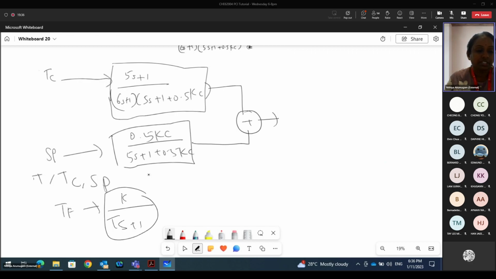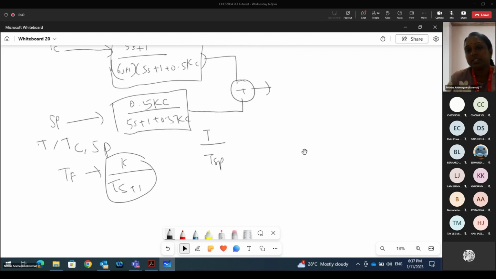Initially they want us to calculate T over TSP, and the second one will be T over TC. These two equations can be expressed in this simplified form.